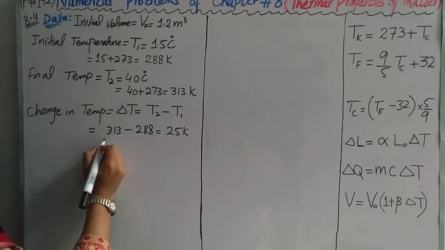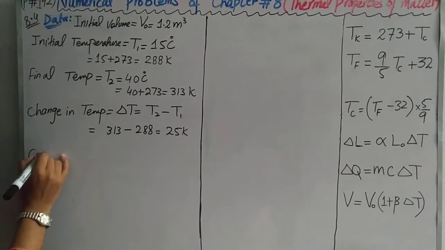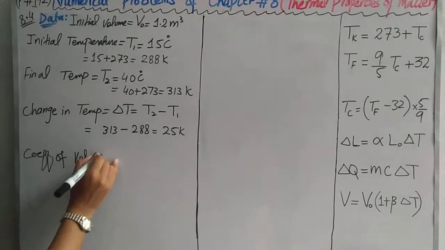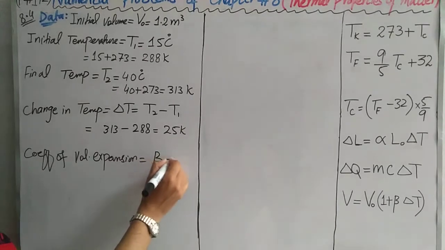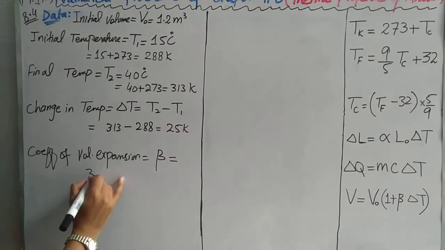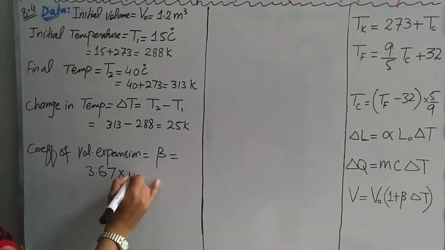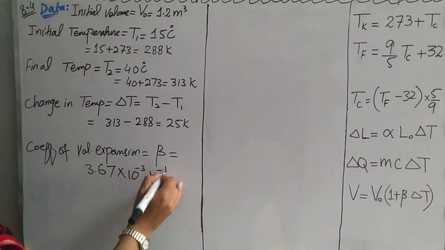This is our value of delta T. Now the coefficient of volume expansion, represented by beta, is equal to 3.67 into 10 raised to the power minus 3 per Kelvin.